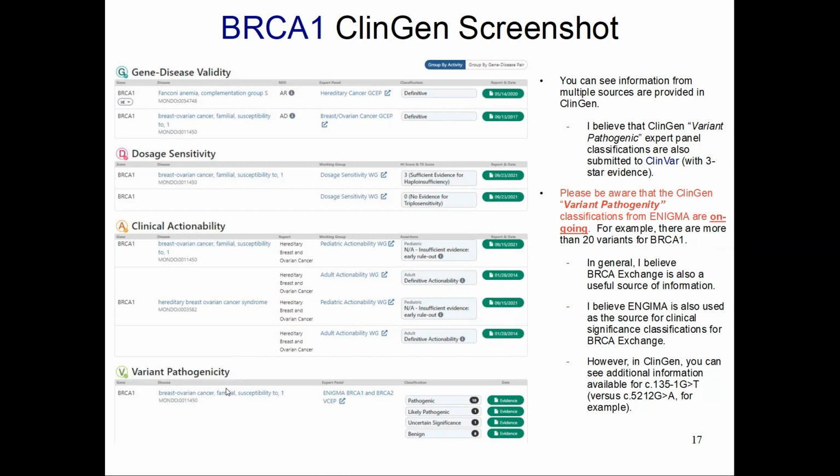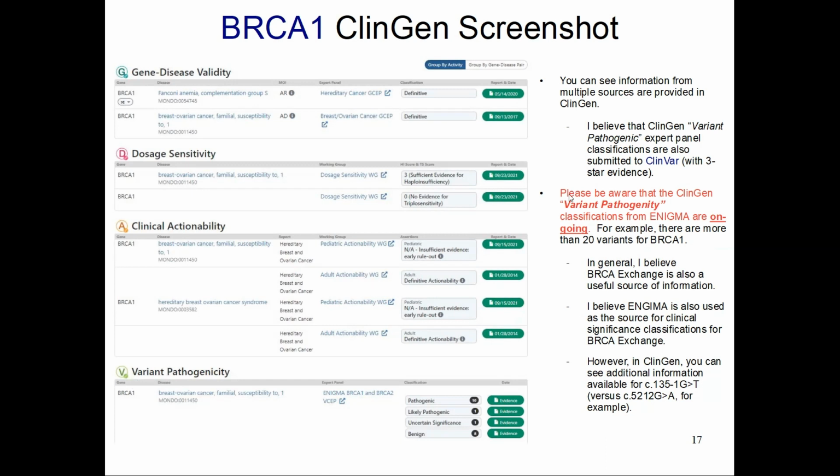And so I've gotten some very helpful feedback from the Genome Connect staff. And my understanding is that when there is an expert panel evaluation for a variant, that creates 3-star evidence for that variant in ClinVar. So ClinVar is the database I was more familiar with before I heard about ClinGen, but this means you can get this sort of information from both of them.